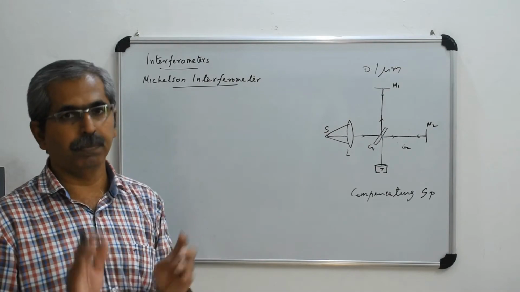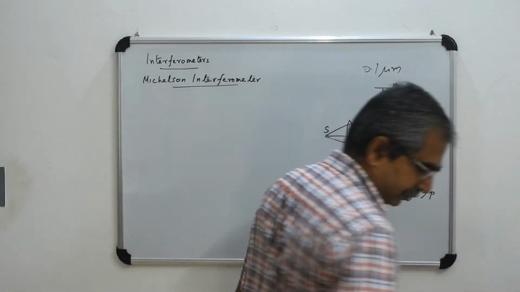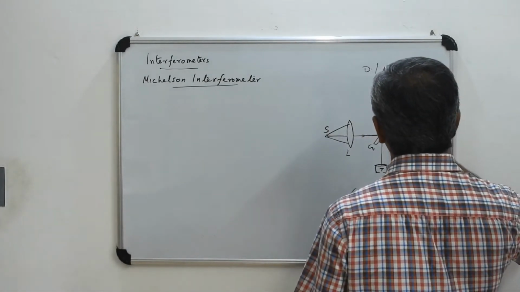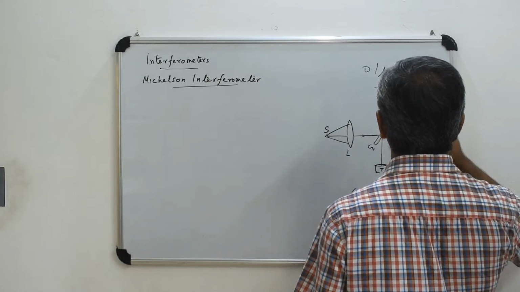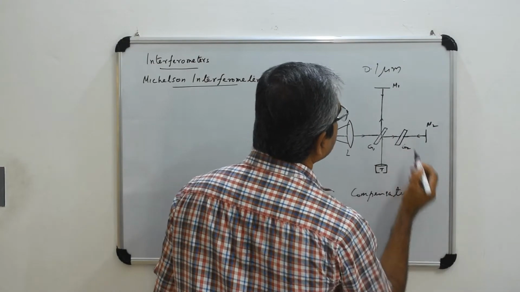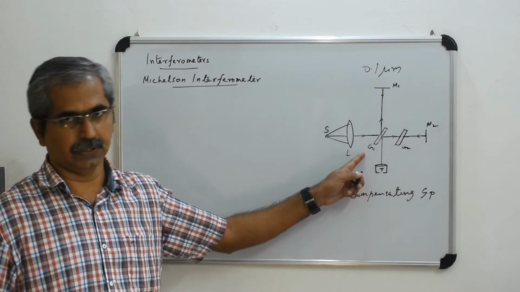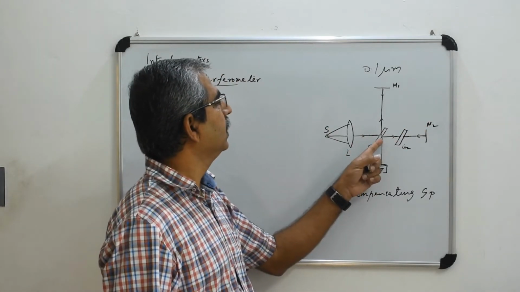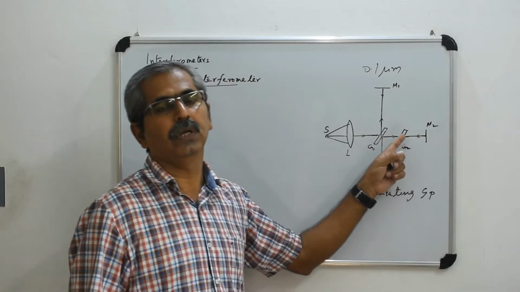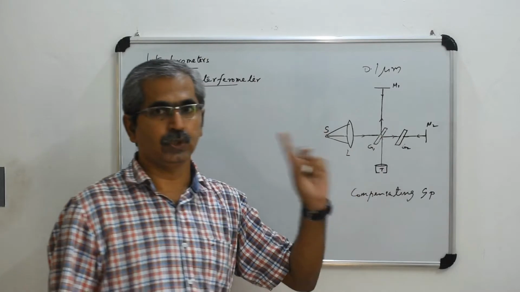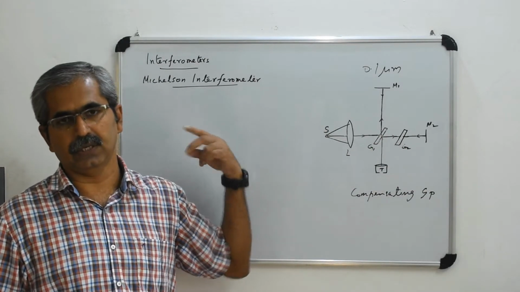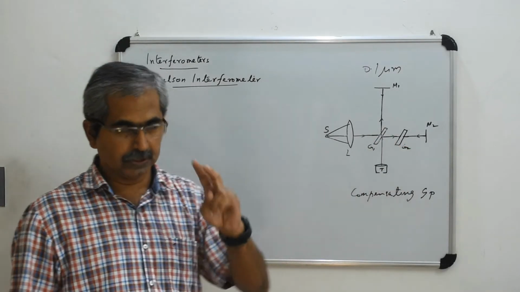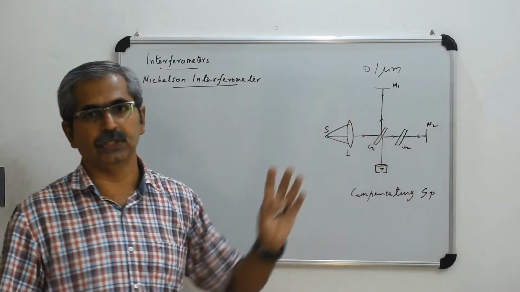So in order to compensate that, we introduce a glass plate here, like this, having the same thickness as that of G1, and the inclination is also the same, 45 degrees. Now the light going towards M2 also passes through a glass plate of the same thickness twice, going towards it and when returning. So it also passes through a glass medium twice during its travel, and that path is compensated.